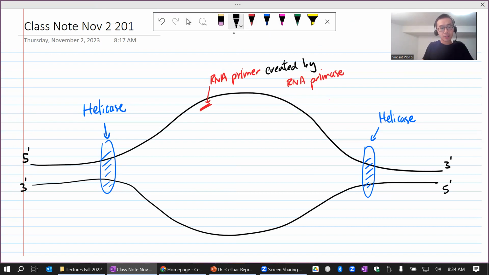Okay. Now take a look at the numbers here. This is 5 to 3, which means when I'm building a new strand, it is the other way around, right? So when the DNA polymerase comes, it will build upon the RNA primer. It will continue on from where the primer left off.